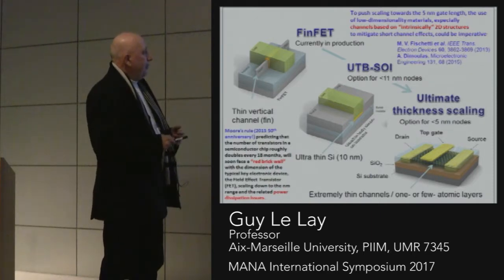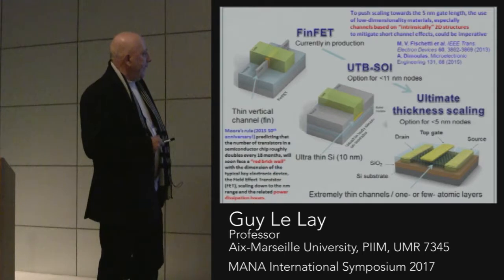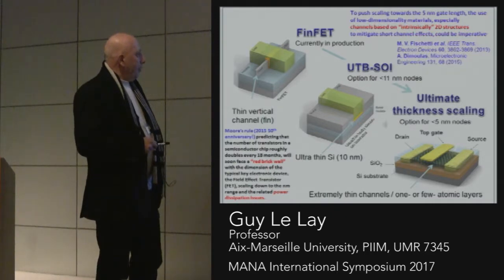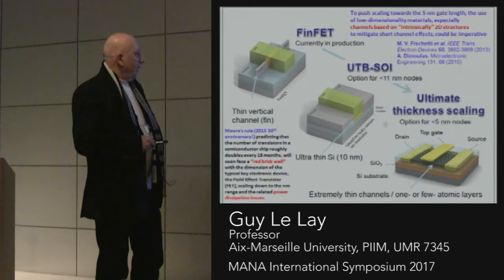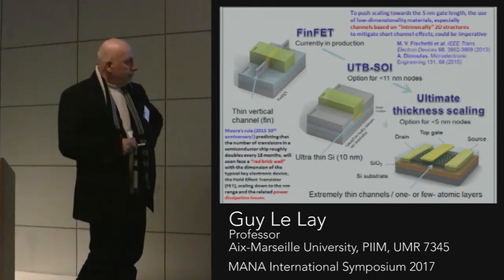This is very similar to something that was shown this morning. When you try to continue the downscaling, to possibly prolong Moore's law, at some point we will face a so-called red brick wall. Essentially, this is due to power dissipation issues.